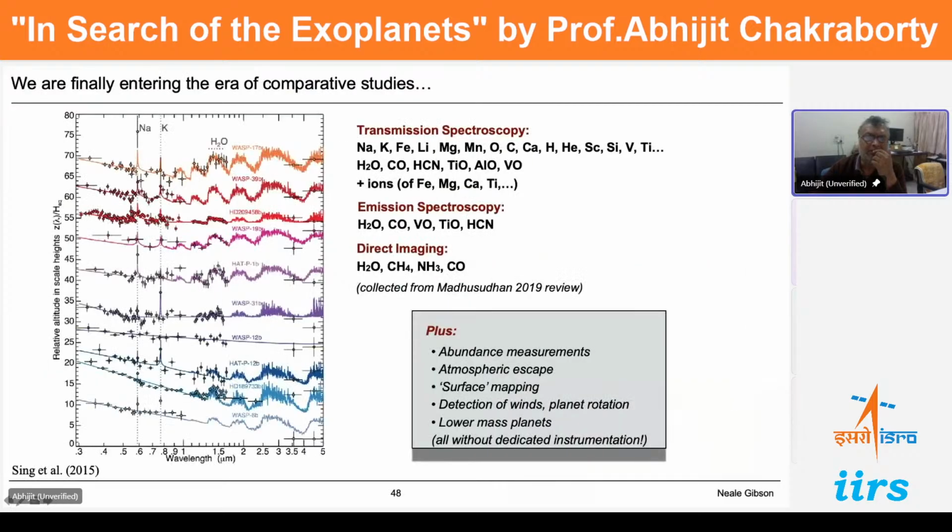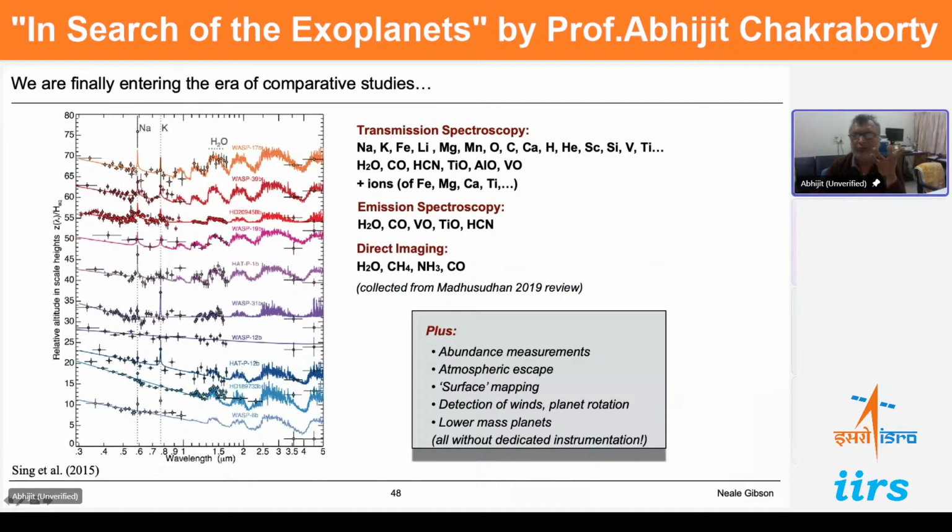Yeah, you can actually see these are from HST, Hubble Space Telescope observations. These data points are actual observations, and these lines are models, and they try to see that you have this absorption feature here. Okay, so you can see one data point is here and another data point is here.